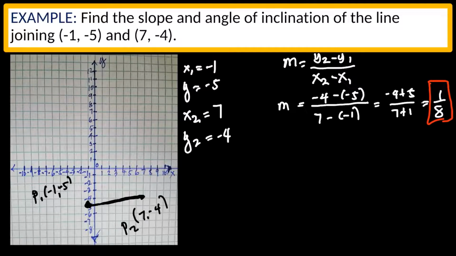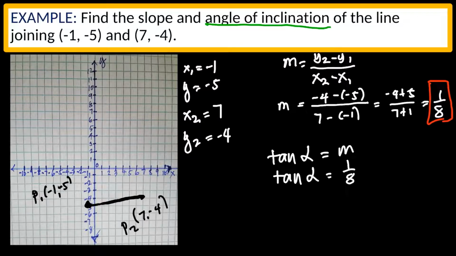Okay, now we need to solve for the angle of inclination. So angle of inclination is simply tangent alpha equals m, and our m is 1/8. So substituting tangent alpha equals 1/8, and since we're solving for the angle, then we can have the inverse of tangent of 1/8. Okay, and so take out your calculator.